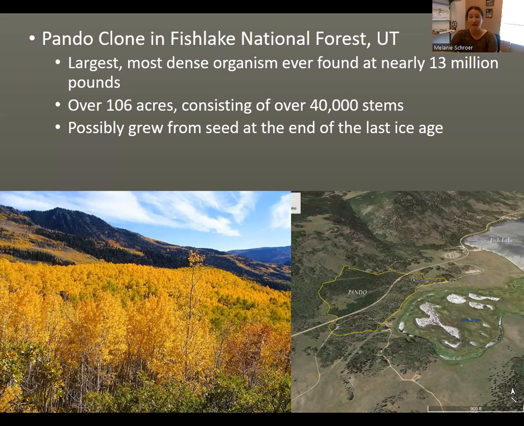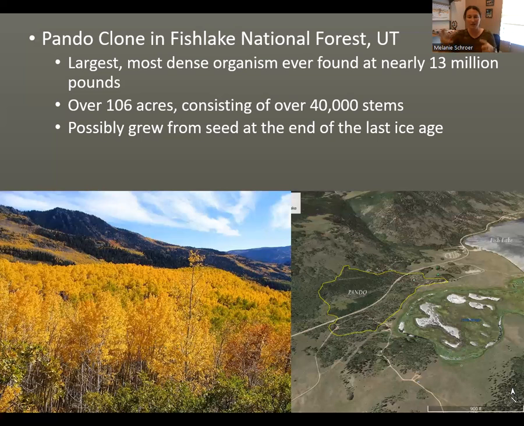It is nearly 13 million pounds. It covers 106 acres. So here we can see a forest that looks like all sorts of individual trees, these aspens here, but each one is a shoot off of the same root system.